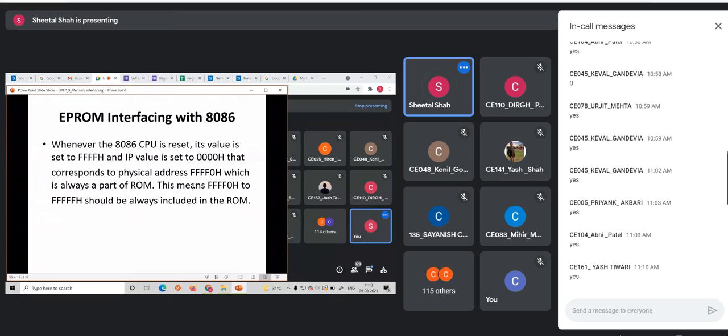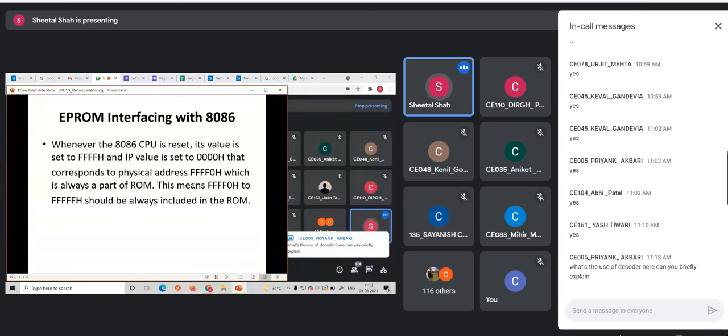Now, if we want to interface with the EEPROM, follow? Whenever we reset the processor, the default address when it resets is FFFF0. To select the IC, when a number of ICs are there, we have to use the decoders.